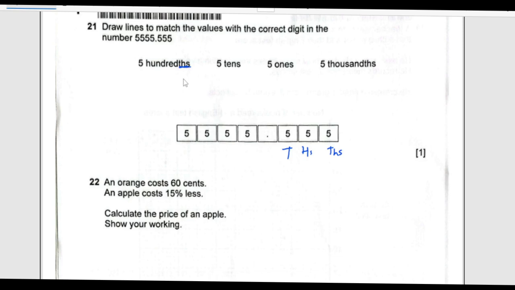So this is the hundredths place here, this one. Then 5 tens, tens here, this is ones, tens, hundreds, then this is thousands, right. So tens place is the second one. 5 ones is this one here, thousands is this one.